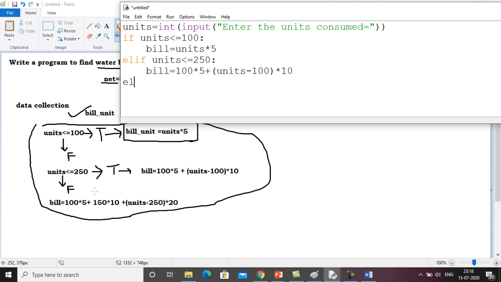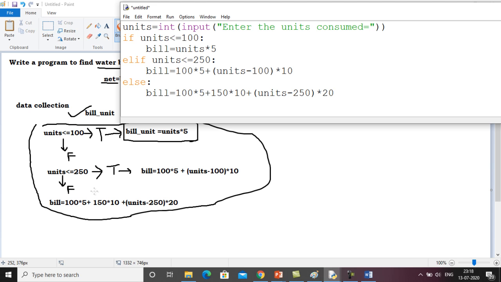And the last one is basically the bill is equal to first 100 units at the rate of 5, then the next 150 units at the rate of 10, and the balance units minus 250. So the balance units will be calculated at the rate of 20.